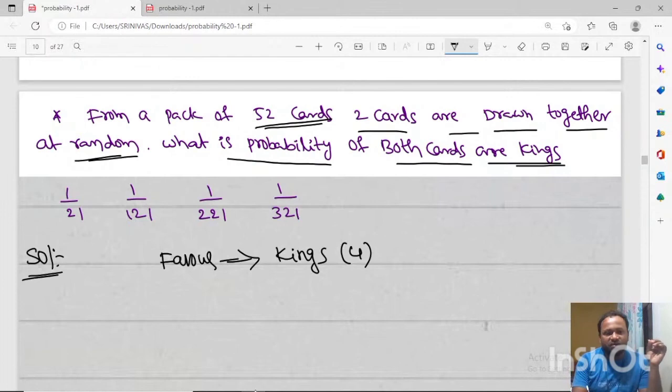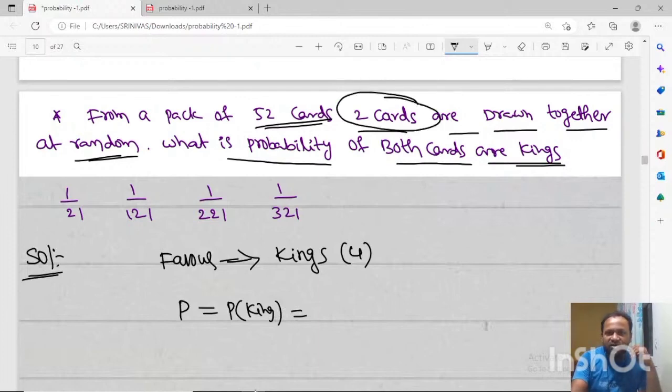So the probability of kings will be favorable: among 4, we need 2 cards. Selection came, and selection is from permutations and combinations. Out of 52 cards, 52C2. This is the main condition.